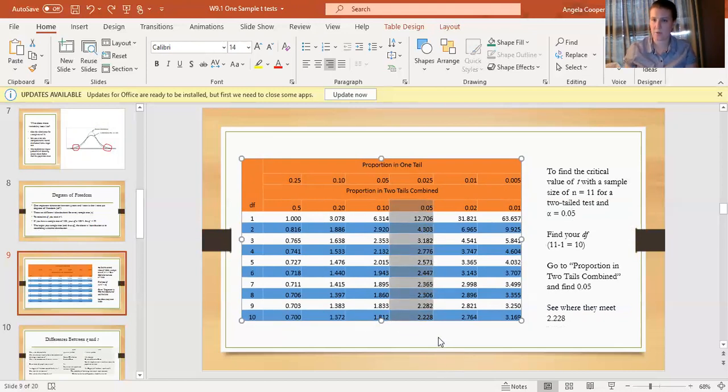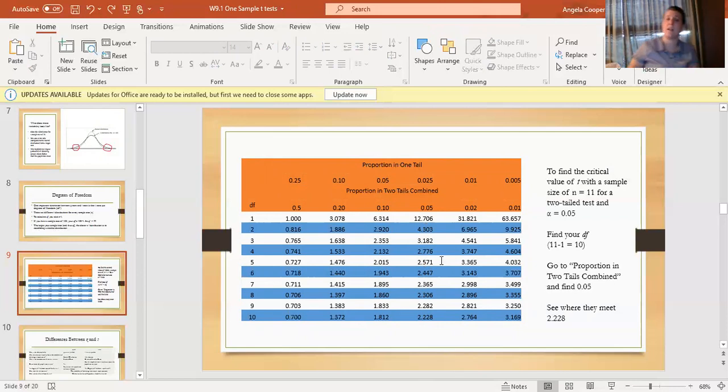So if we want to know the critical values for a one sample t-test with a sample size of 11, and it's a two-tailed test with the significance level at 0.05, the critical values are going to be 2.228. Now that's going to be a positive and negative 2.228, plus or minus 2.228, but that is what it's telling us.